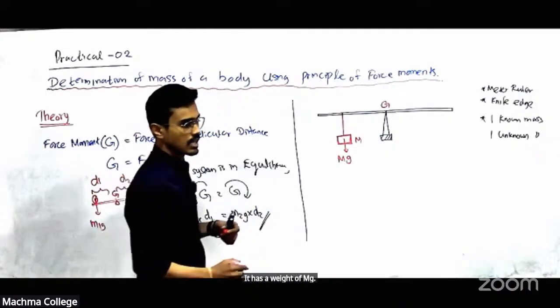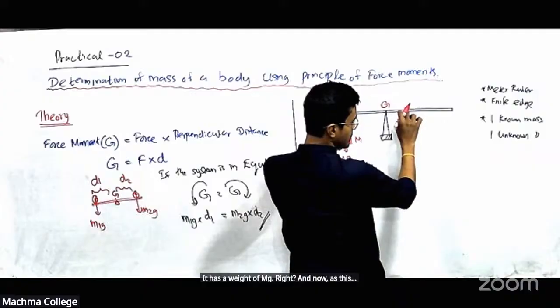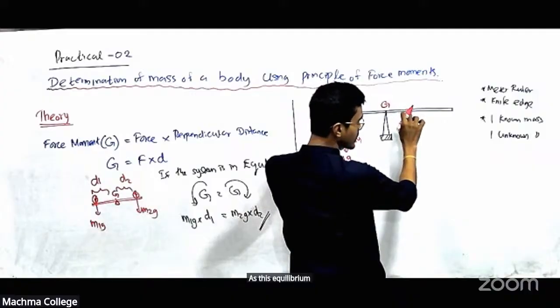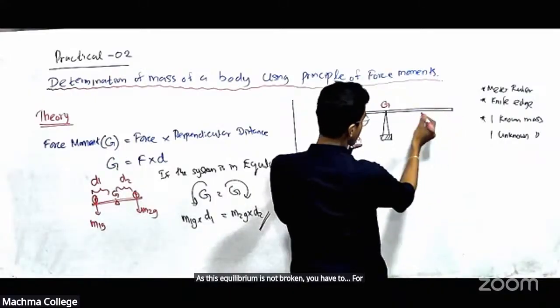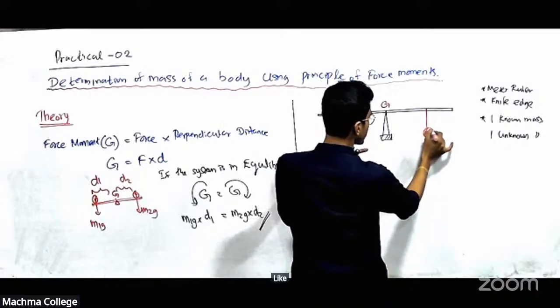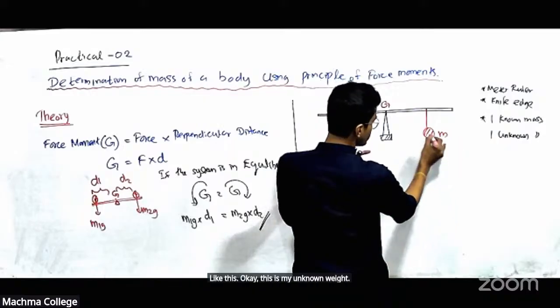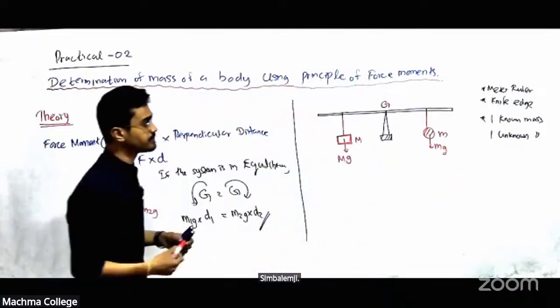And as this equilibrium is not broken, you have to hang the other weight, the unknown weight, on the other side like this. So this is my unknown weight, small m, small mg.